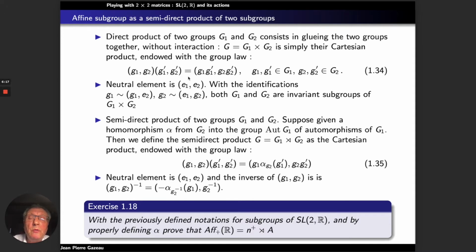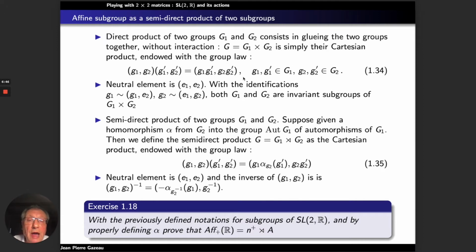G2 prime) is equal to, for the first element of the pair, G1 G1 prime, that means here we use the multiplication law for G1, and here we use, for the second term, the multiplication law for G2. And of course, the neutral element is made of the pair E1, E2, where E1 is the neutral element of G1, and E2 is the neutral element of G2.